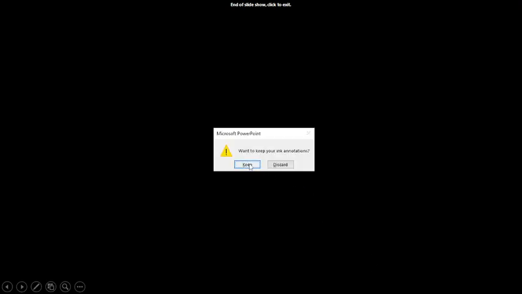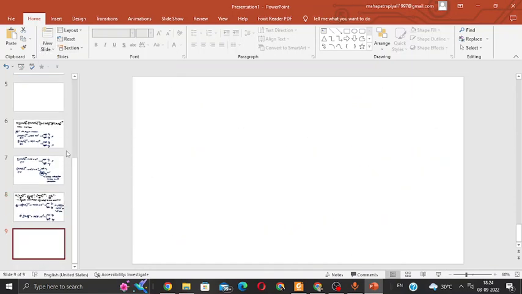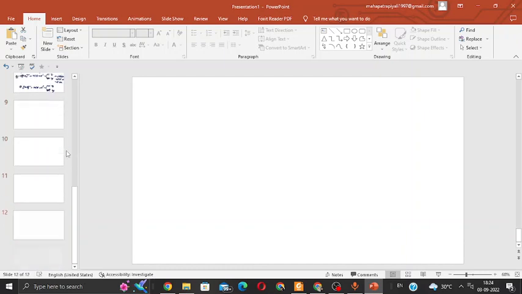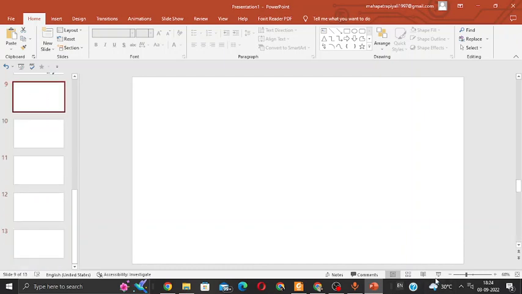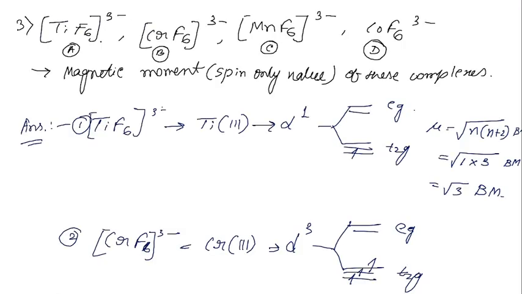So what will be the magnetic moment? So here 3 unpaired electrons are there, so n equals 3, 3 into 5, root 15 Bohr magneton.